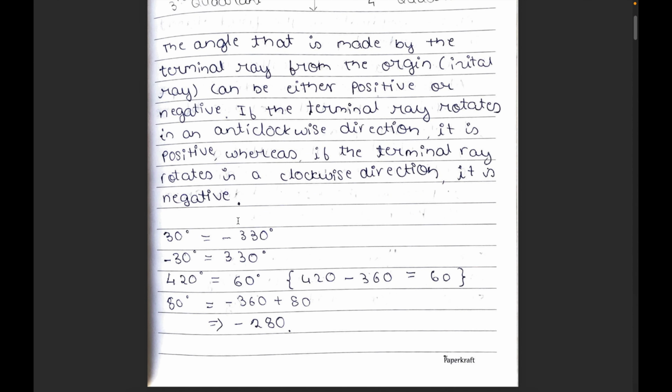So 30 degrees would be negative 330 degrees and negative 30 would be 330, and 420 would be 60 because 420 minus 360 is 60. So 80 would also be negative 280.